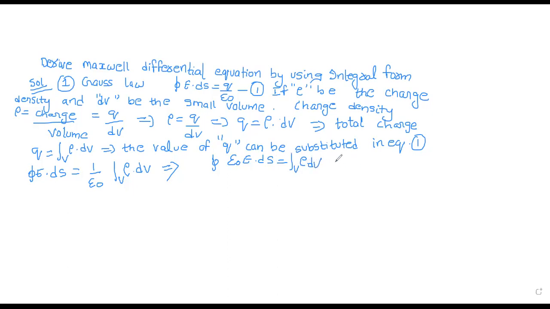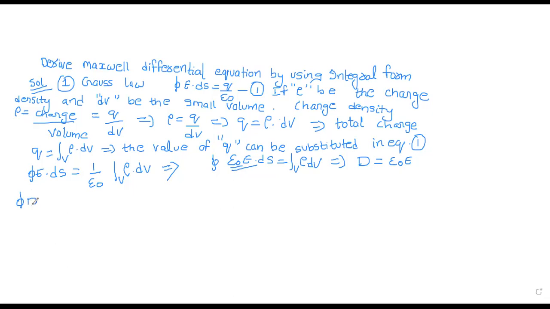Clear, everybody? Now we have the information that capital D is nothing but the displacement vector. So D is also written as epsilon naught into E. Now this epsilon naught E can also be written as D. So what can I write?